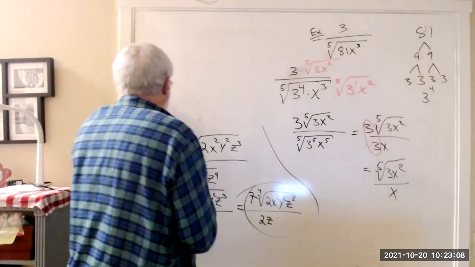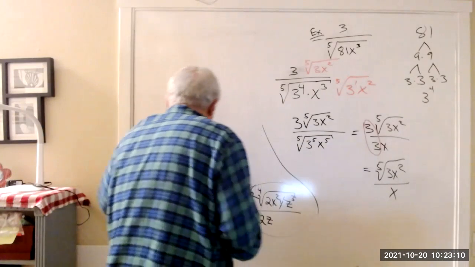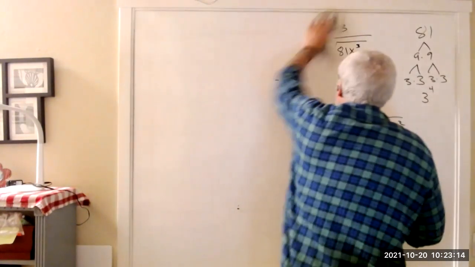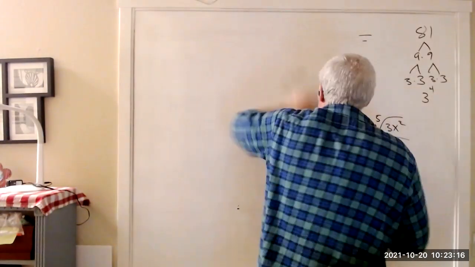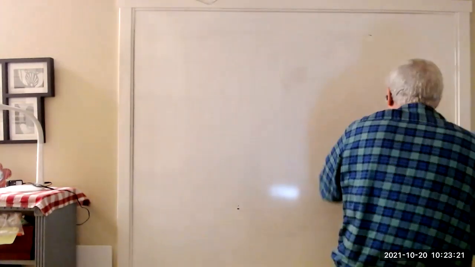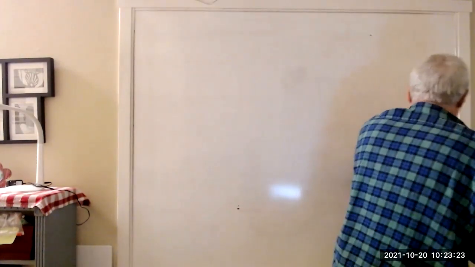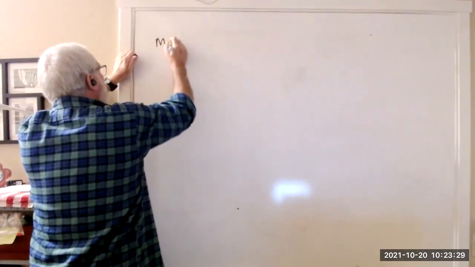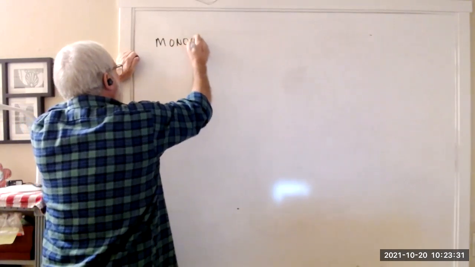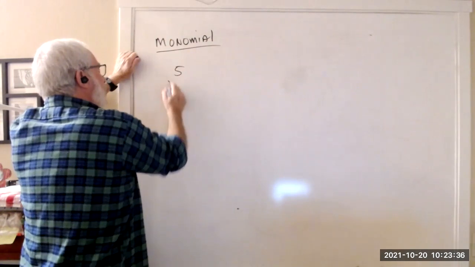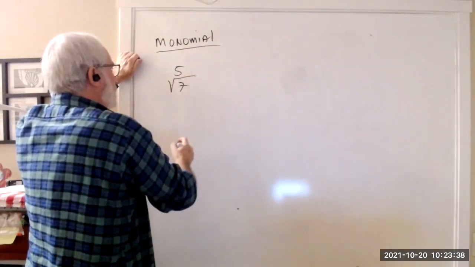Then we had to do some thinking here. All of these examples have been examples of what were called monomial denominators, 5 over the square root of 7.